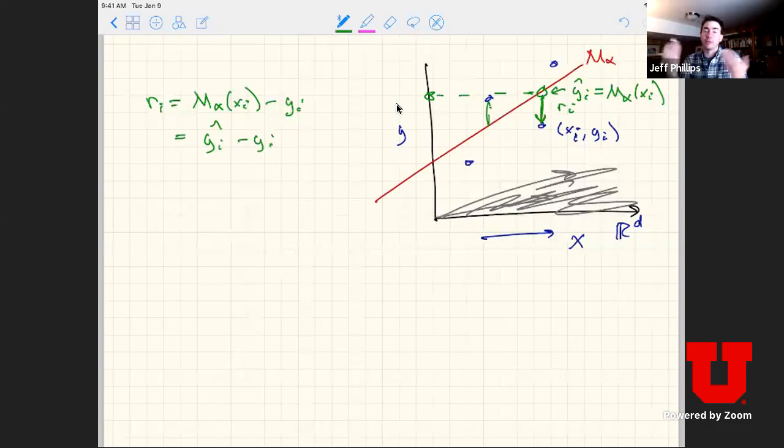It's orthogonal to the subspace of the model in n dimensions. This is more of a d or d plus 1 dimensional plot. Then I can basically say that yi is equal to yi hat plus this residual. So the true value is the model plus what's left over, this residual.